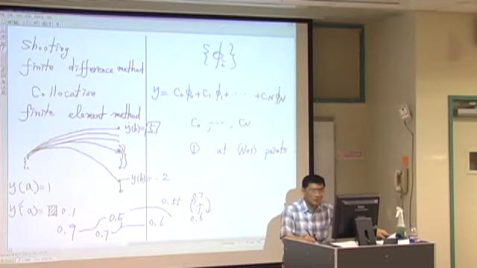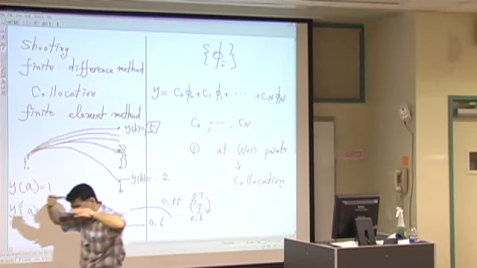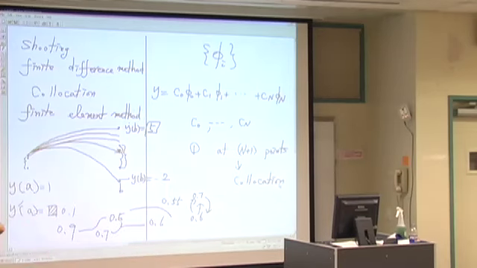Then it's called collocation. So the collocation method uses point information at n plus 1 points. Do you follow me? So we want to determine C0 up to Cn by using point information.